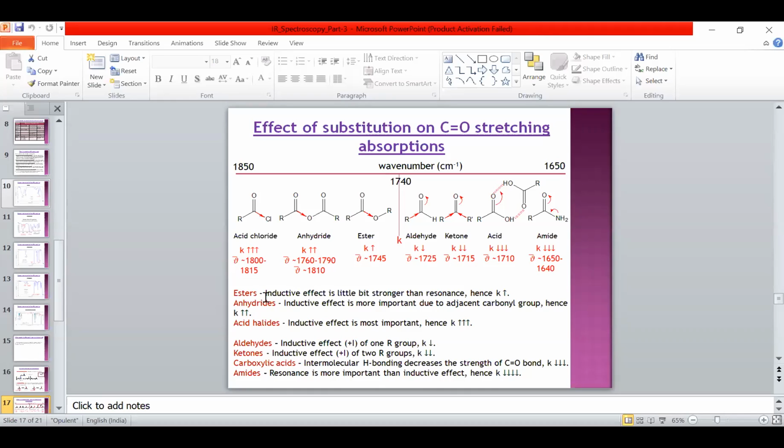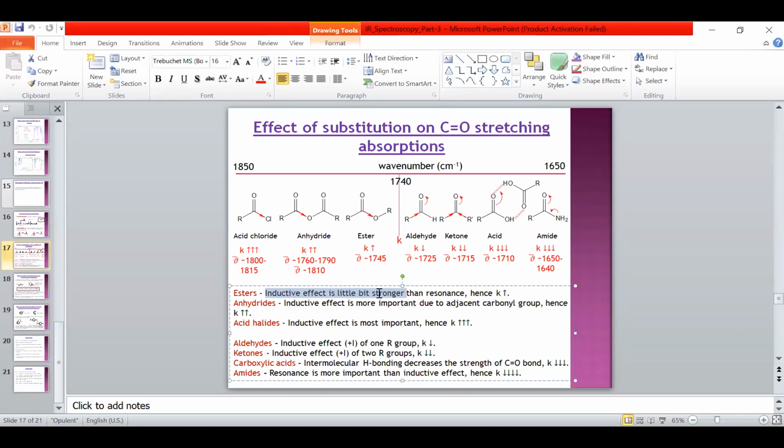But in case of esters, the inductive effect is a little bit stronger than resonance, because through inductive effect, this is electron withdrawing in nature, and this electron withdrawing group will ultimately pull the electron towards itself, making the double bond character stronger. So more double bond character means the strength of the CO bond will increase, and hence the K increases as well as its frequency. Both of them will be increasing. So in ester, the frequency has increased from 1740 to 1745.